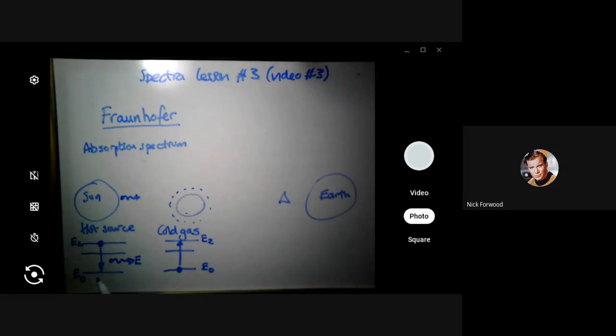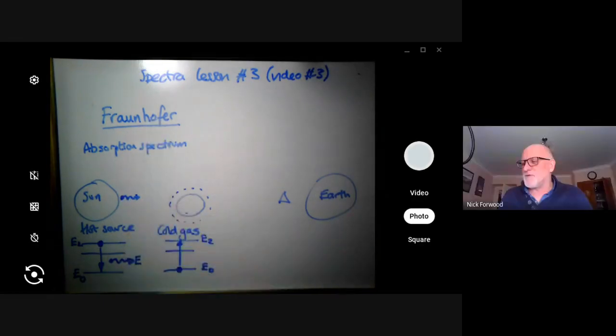And you can actually tell by looking at the spectra the different gases that are in the atmospheres of different planets. But that's a little bit extra. All you need to know for Fraunhofer is that we can tell what our sun is made up of, because Fraunhofer looked at the lines in our sun.